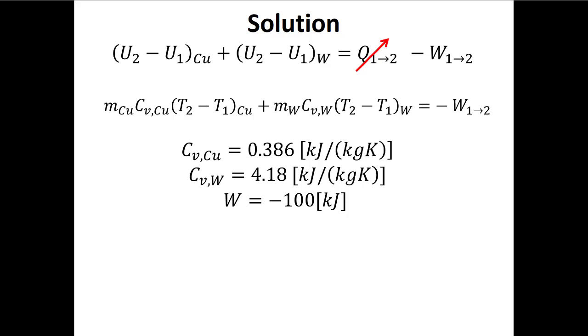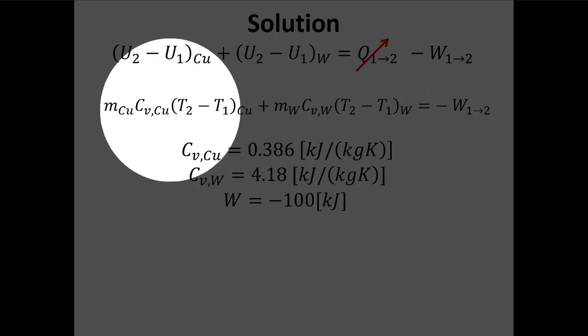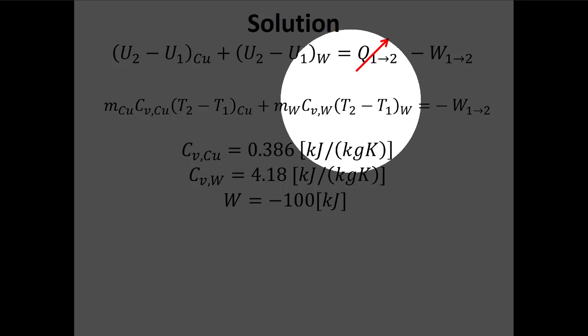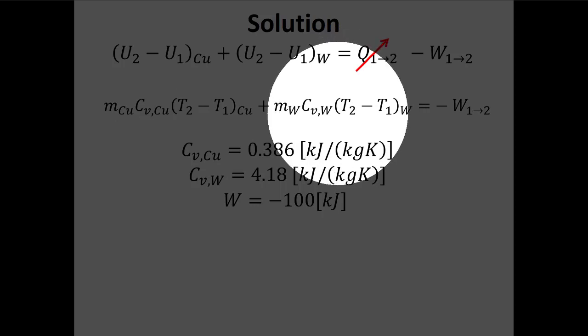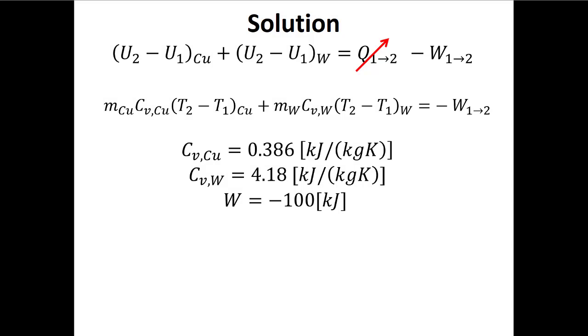So I've got to remember hip to win. If I put these things into the equation, then the only thing that I don't know in this term is T2 of copper, and the only thing I don't know in this term is T2 of water. But I also know from my assumptions that if everything is at equilibrium, T2 of copper is the same as T2 of water, which I can just call T2.